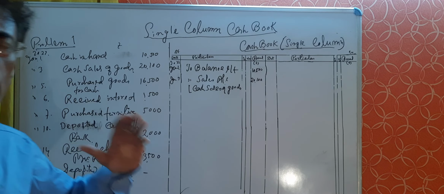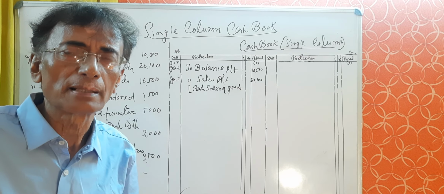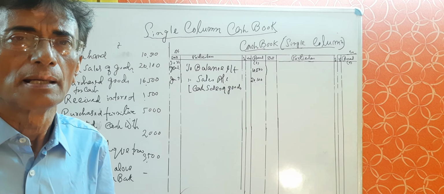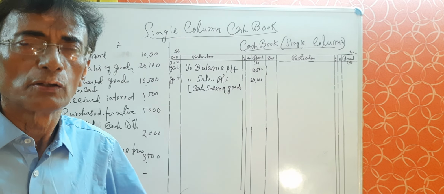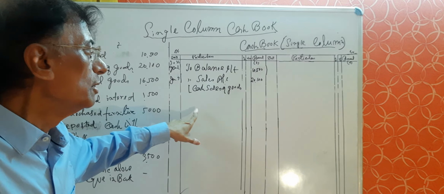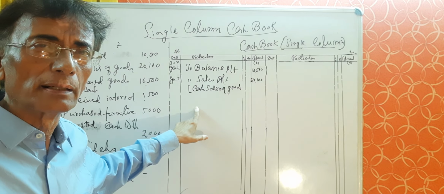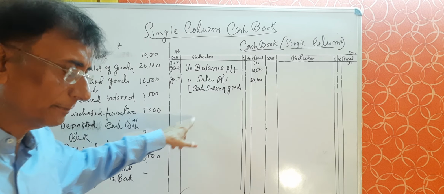The next transaction is receipt of interest. What are the two accounts involved here? Cash comes in, cash account and interest received account. Cash comes in debit for what? Towards interest. So we should go to the debit side of the cash book and write to interest received.